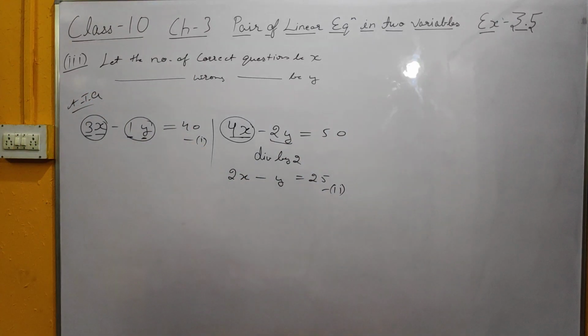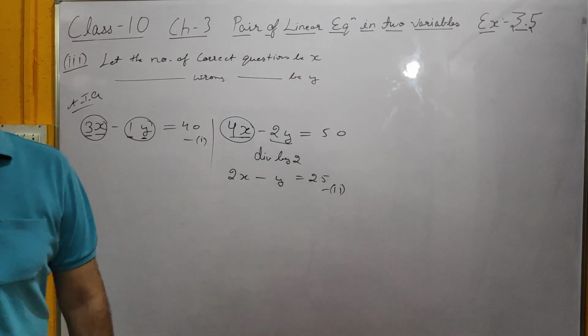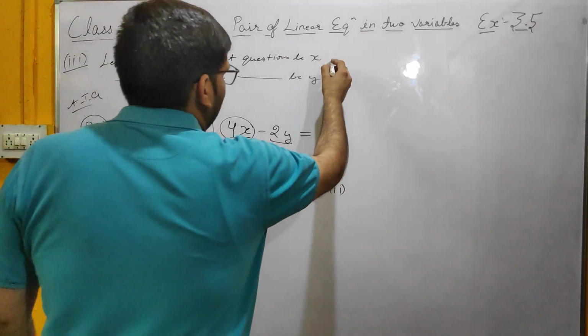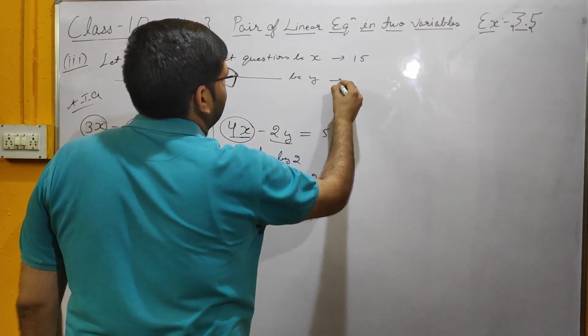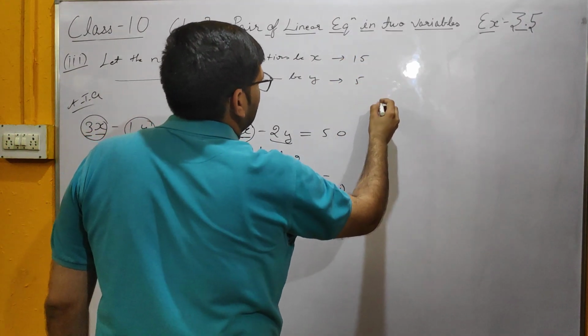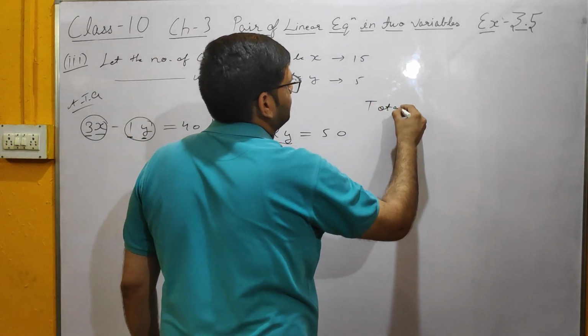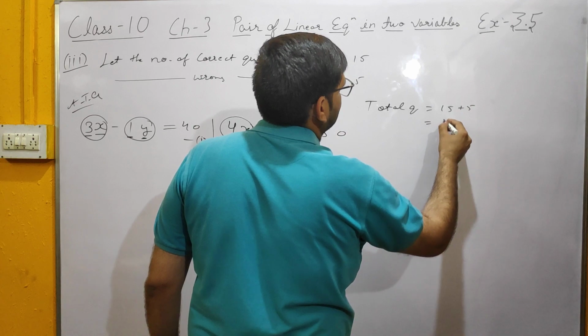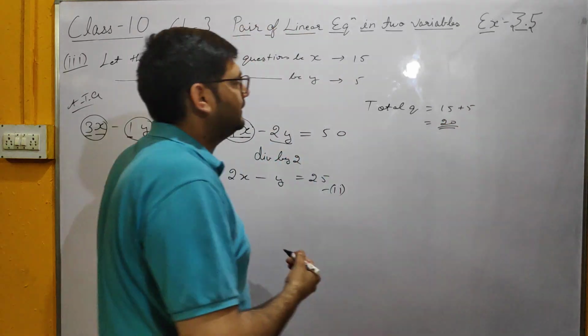So these will be the 2 equations. Use elimination and solve. You will find that the value of x is 15 and the value of y is 5. So total questions were 15 plus 5, that is 20. Alright.